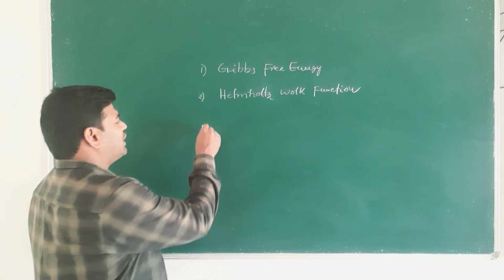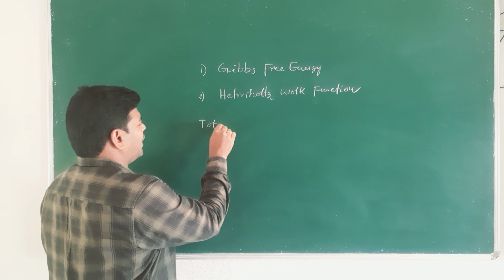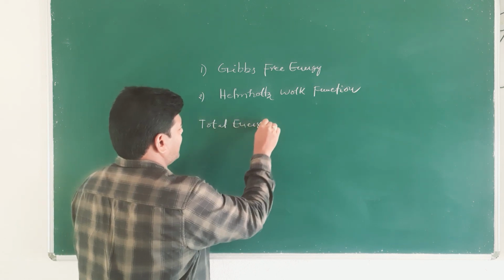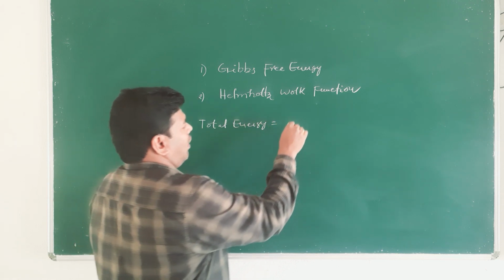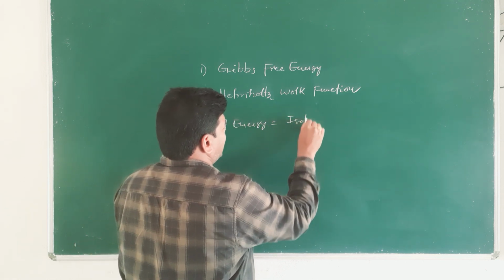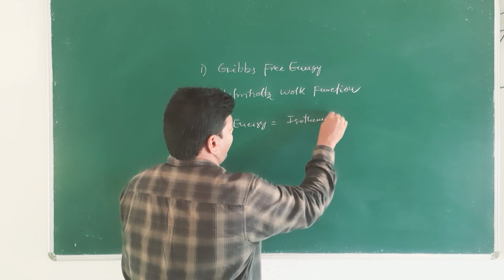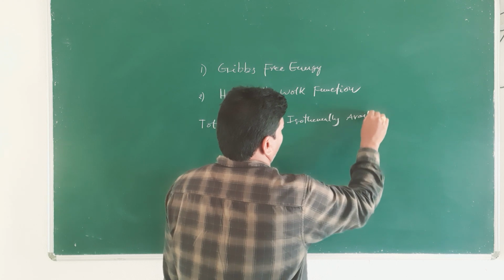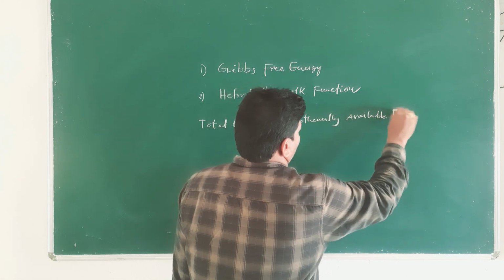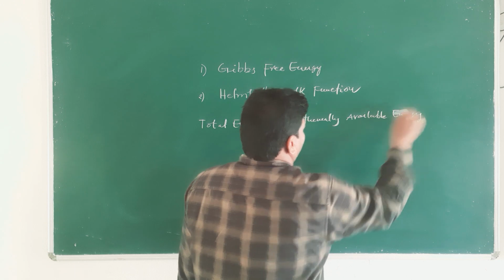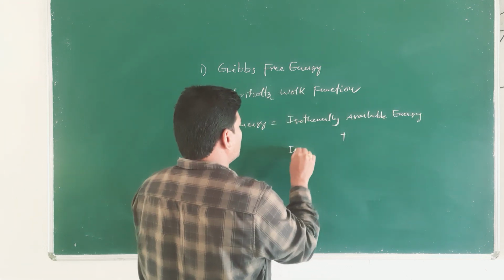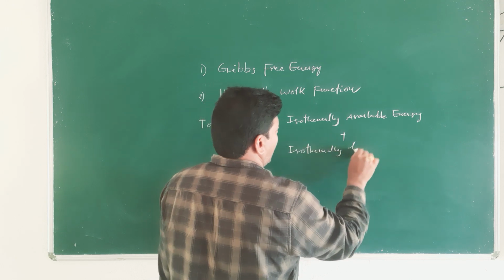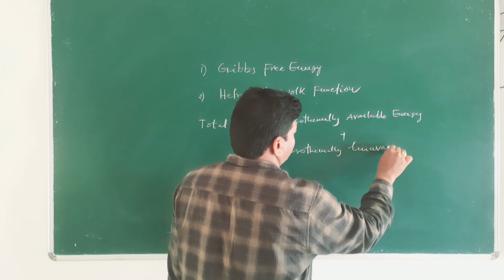We can write total energy is equal to isothermally available energy plus isothermally unavailable energy.